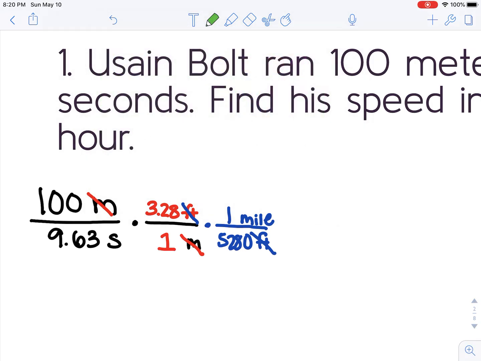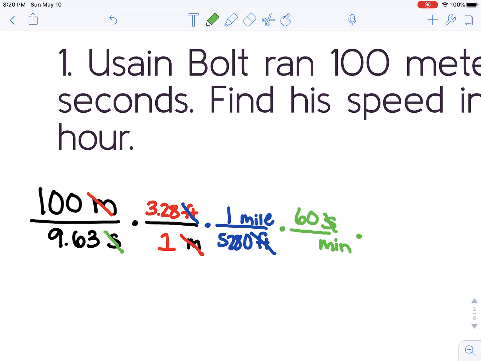My next step is I need to do the same thing with my denominator. So I'm going to multiply by something that equals 1. So my numerator and denominator need to equal the same thing. But I'm trying to cancel out seconds. And I'm going to switch seconds into minutes and then minutes into hours.